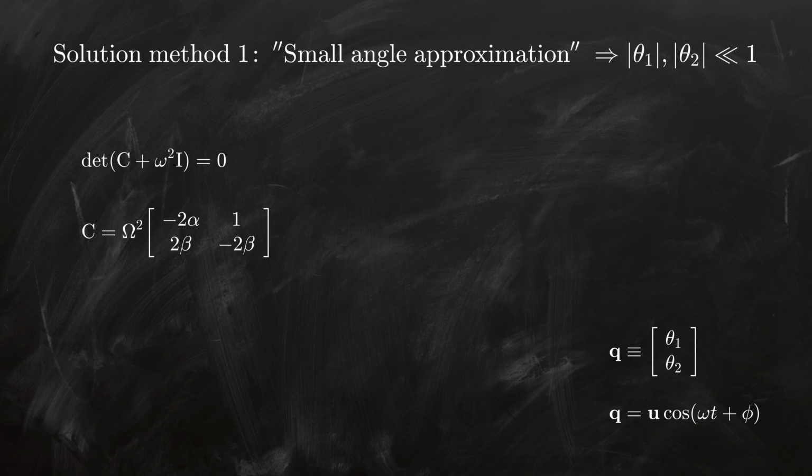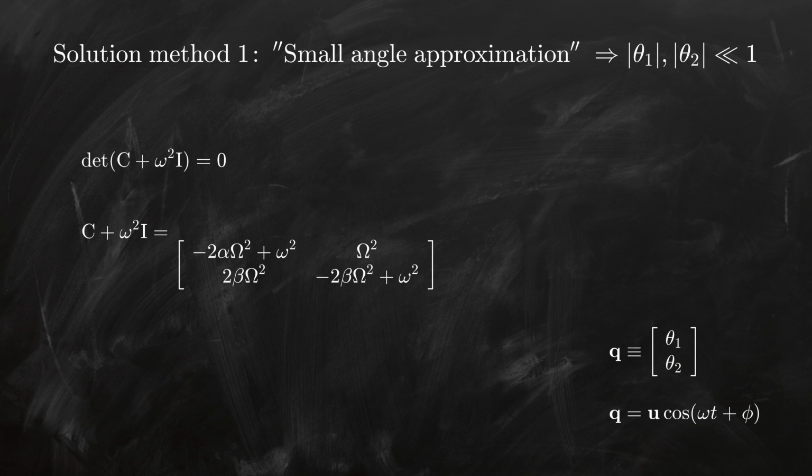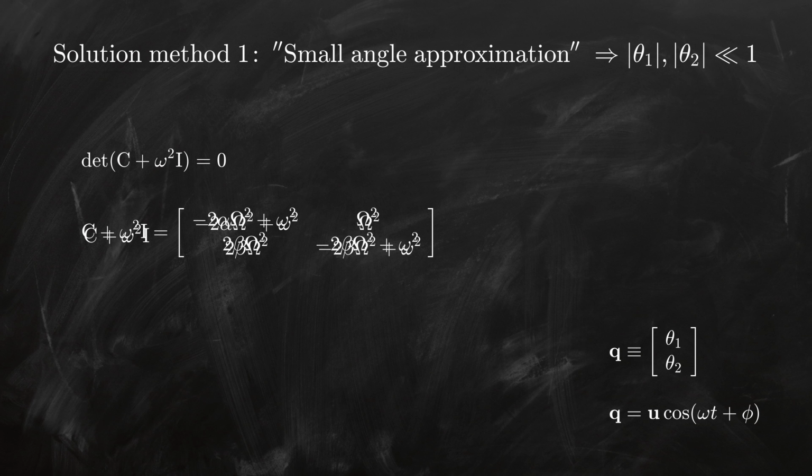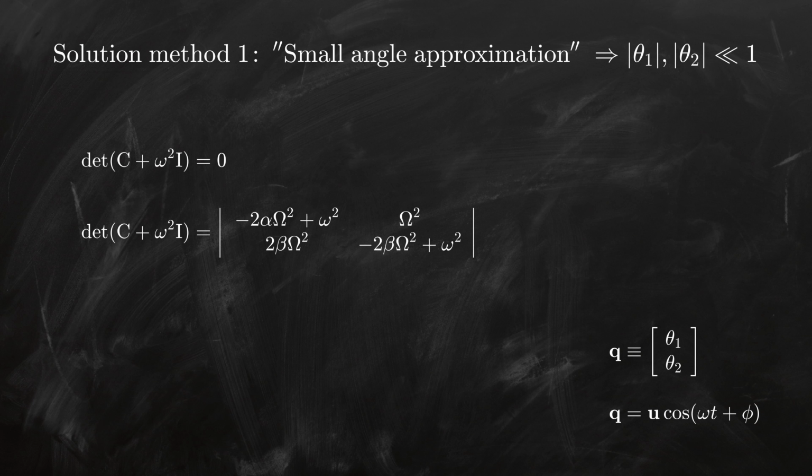We're now in a good spot to add omega squared times I to both sides. We then take the determinant of both sides, expand the right-hand side, and rearrange.